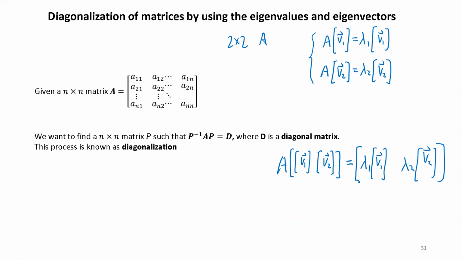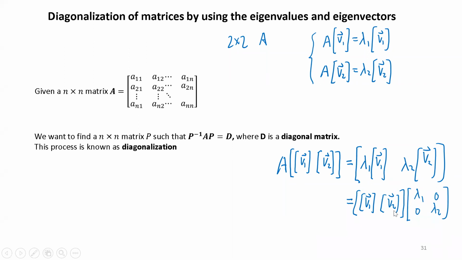Remember, this itself is a 2x1 vector, this itself is a 2x1 vector, and the right-hand side can be further written like this.